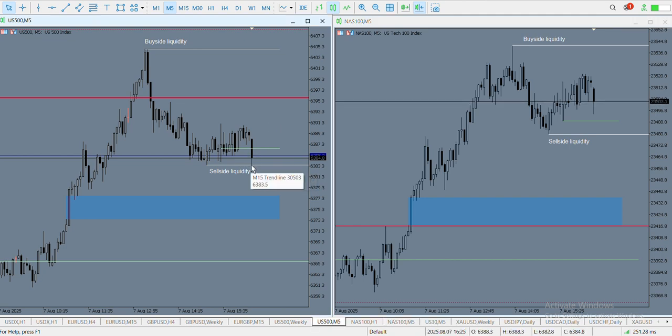So if we remain weak and remain to print down close candles, then we must be really weak. But if we remain bullish, we start seeing swing lows that price has no interest to take out, then we'll be bullish.